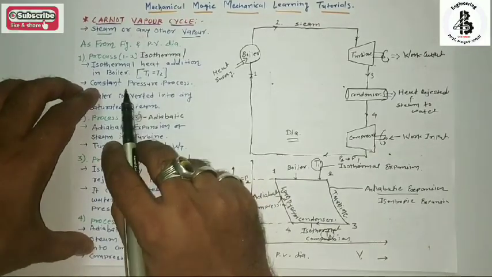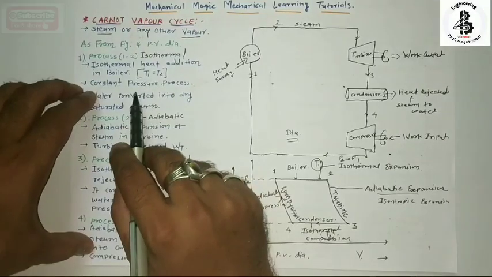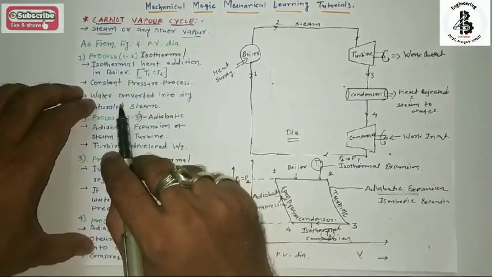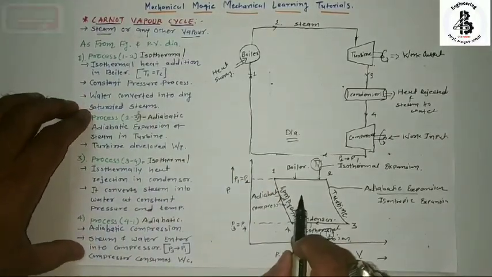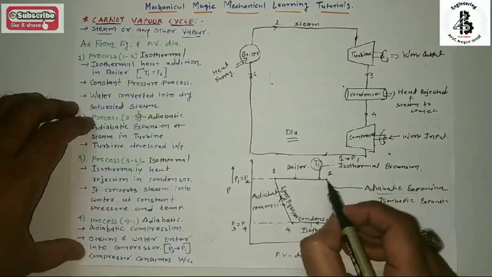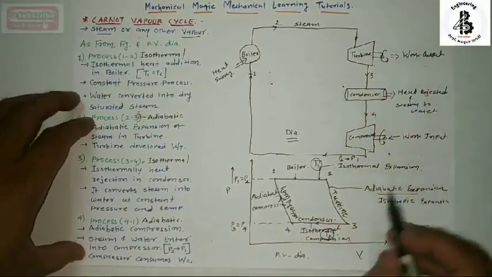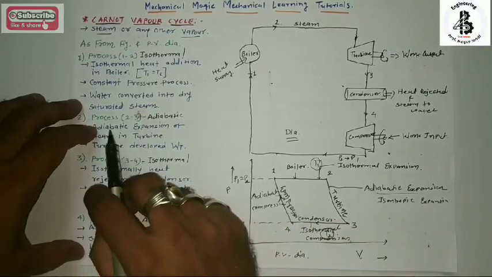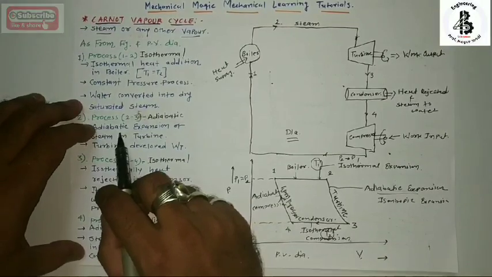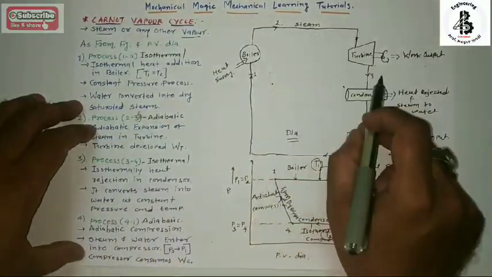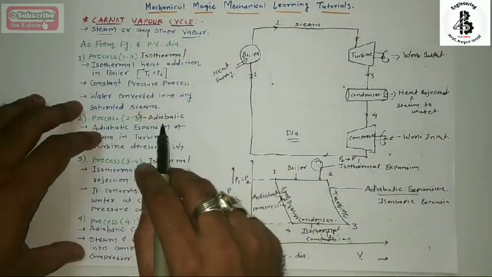It is also a constant pressure and constant temperature process. The water is converted into steam, high pressure, high temperature steam. After the boiler it goes into the turbine. By the application of that heat addition, the turbine has to work. During the 2 to 3 process, in the turbine, it is an adiabatic expansion process.